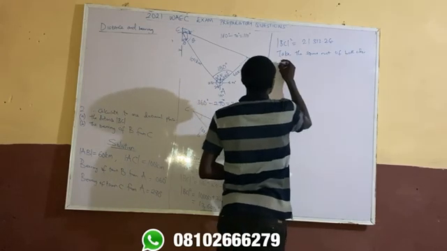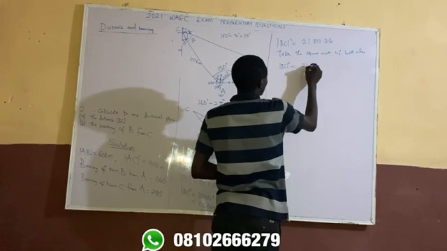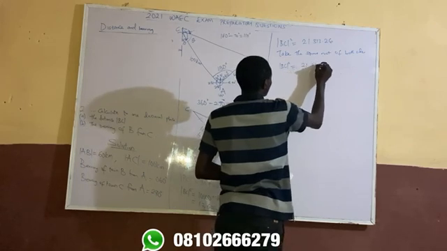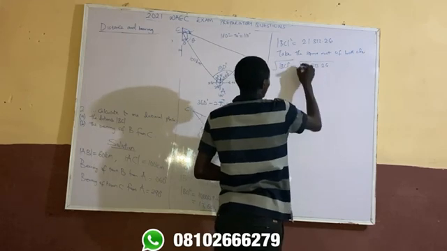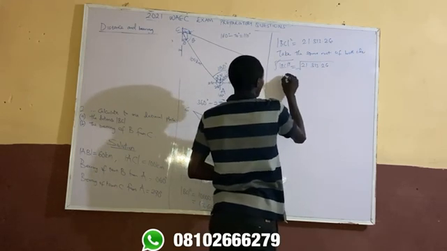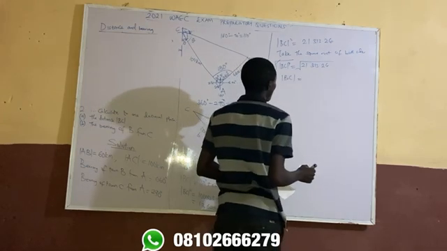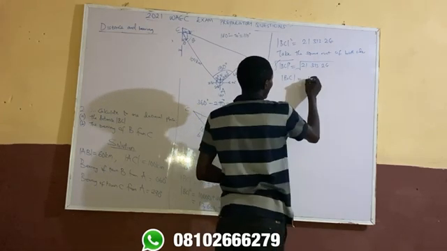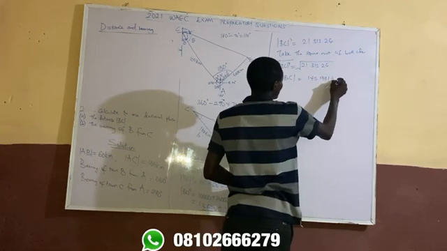Now first I have BC square equal 21,313.6. So then BC is equal to 145.991 kilometers.